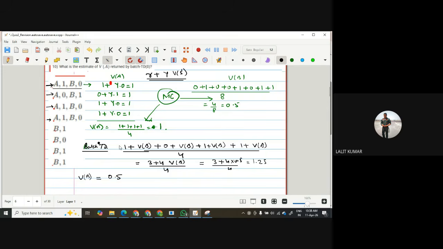Whereas in batch TD, we are not taking this. We are considering VA as reward plus gamma into VB. So we are taking in a batch. Whereas in MC, what we are considering is this value which is already given, 0.